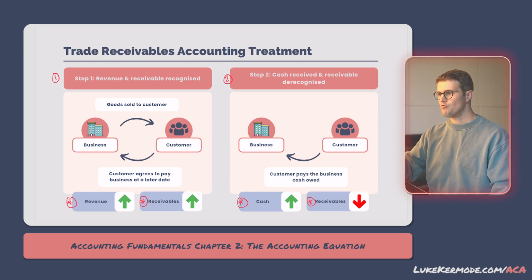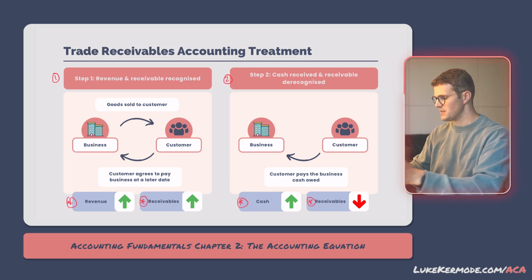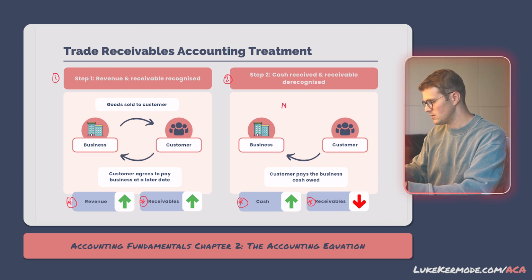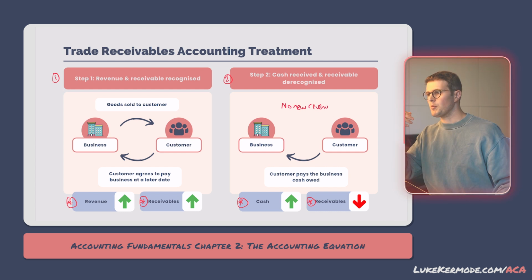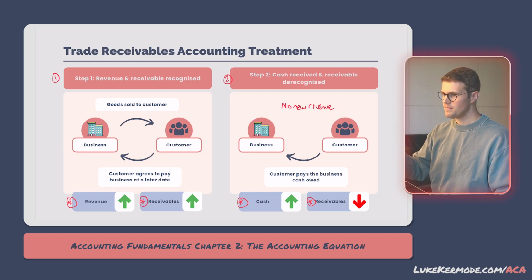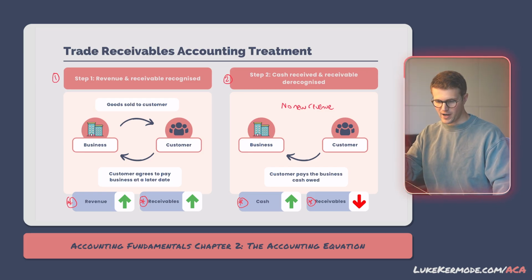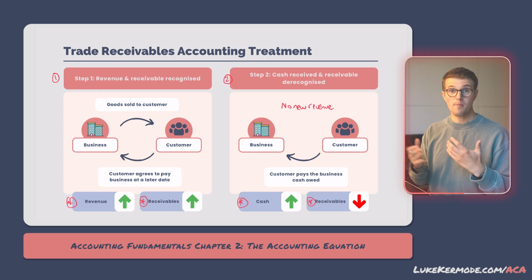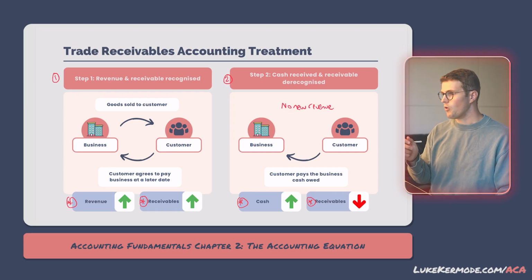Importantly, there's no new revenue recognised at this stage because the income was already recognised in step one when the sale was made. So we don't need to recognise any more revenue when the cash is eventually received. So in summary, trade receivables are crucial for tracking how much money is owed by customers, and they play a key role in managing cash flow and understanding the financial health of a business.